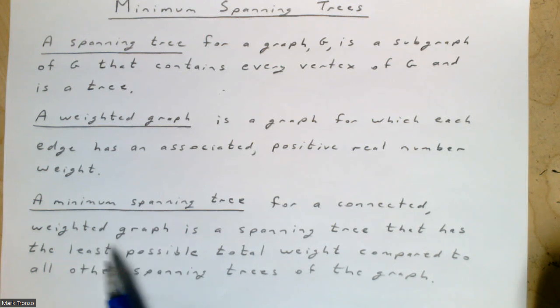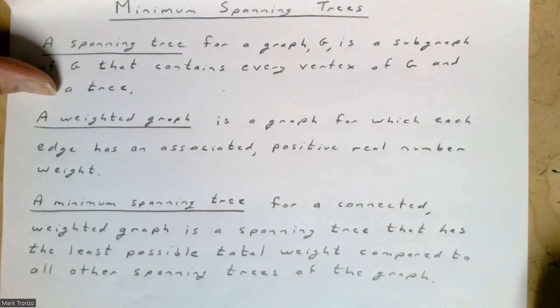A minimum spanning tree of a weighted graph is a spanning tree that has the least possible weight compared to all other spanning trees of the graph. So that's what we're going to be focusing on. We're going to try to find these minimum spanning trees, and there's a couple of algorithms we're going to use.